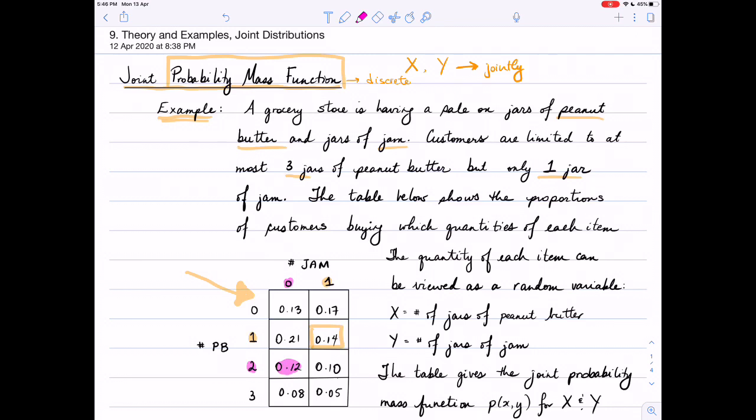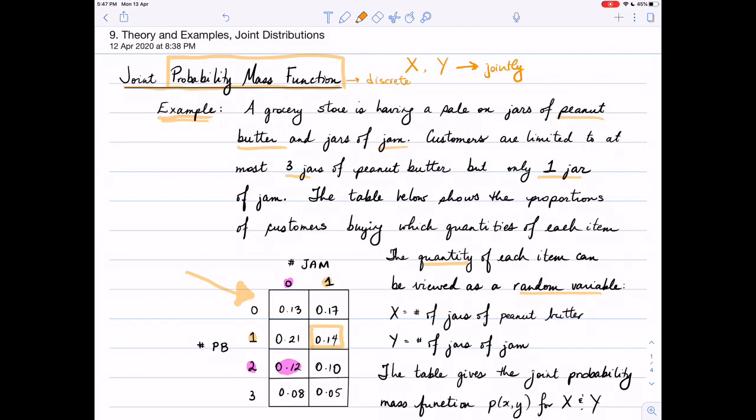So this table gives us different proportions of customers buying different items, and the quantity of each item can be viewed as a random variable. Those variables have different values that they can take. There's a random process, with customers coming in randomly and having random desires for peanut butter and jam. When a customer comes in, you don't know what he or she is going to buy.